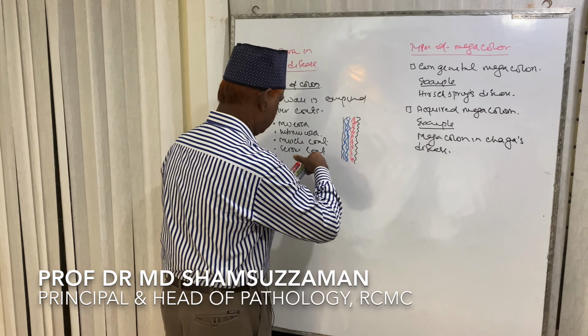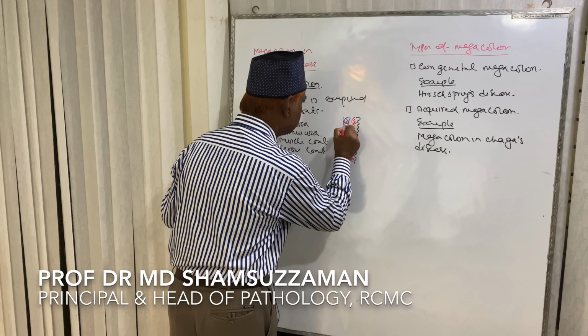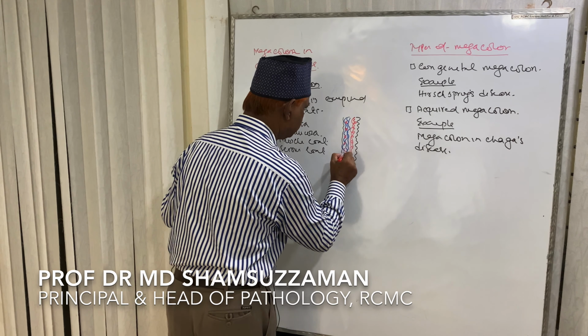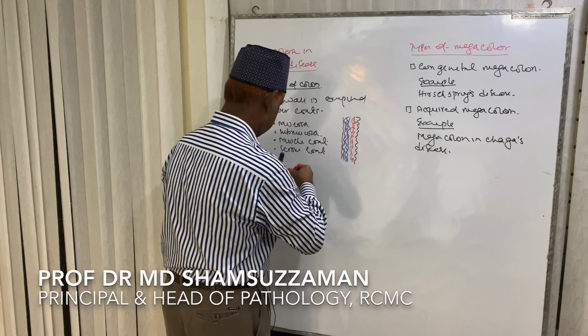So here there is nerve plexus, one is Meissner's plexus, another is Auerbach's plexus.